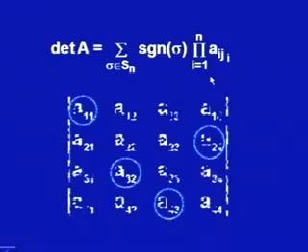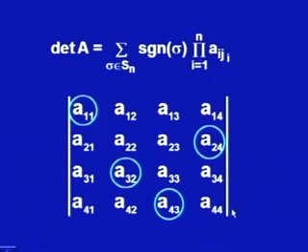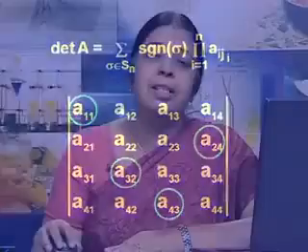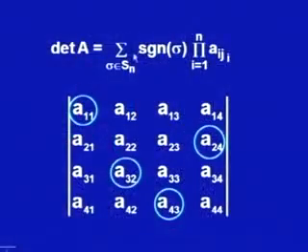Now this is explained with a 4 by 4 matrix, and we say that we calculate the product of terms like A11 from the first row first column, A24 from the second row fourth column, A32 from the third row second column, A43 from the fourth row third column. The idea is we will take only one term from each row and column. This way factorial n permutations are possible. We calculate this product of all such terms and then take the sum.